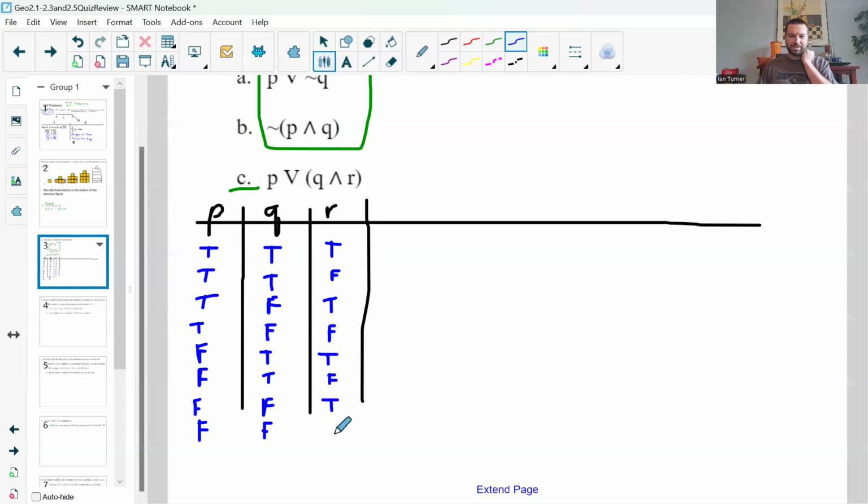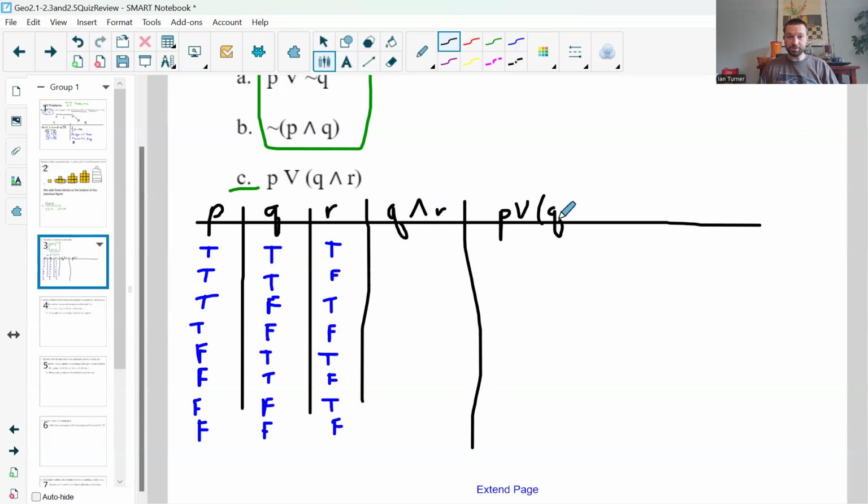Good work, everybody. Okay, so next, we don't have anything that's negated in this one. That's nice. So we don't need to do negation of Q, P, or R because there's no negation in here. So we're going to jump right into Q and R, which is a conjunction between Q and R. And then our last one is going to be the whole thing.